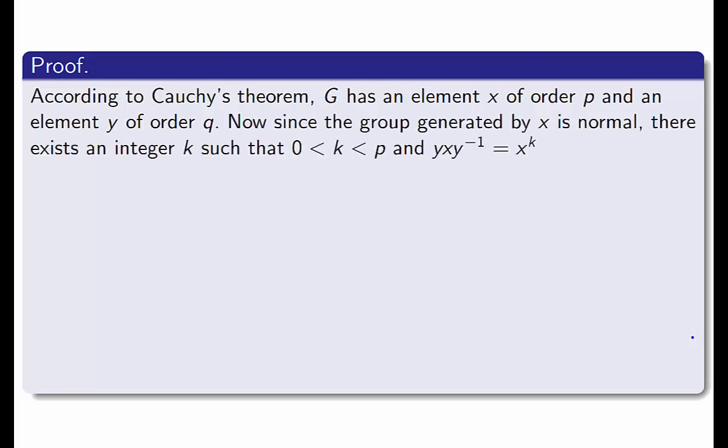Now, since the group generated by x is normal, there must exist an integer k between 0 and p, not equal to 0 or p, such that by cyclicity of the group generated by x, y x y inverse must be of the type x to the k. So here we're applying both normality and cyclicity to get this for some integer k.